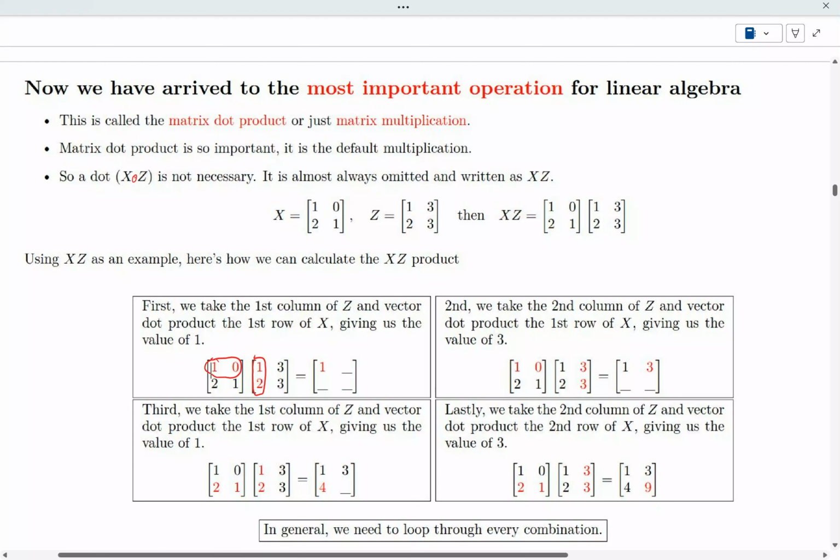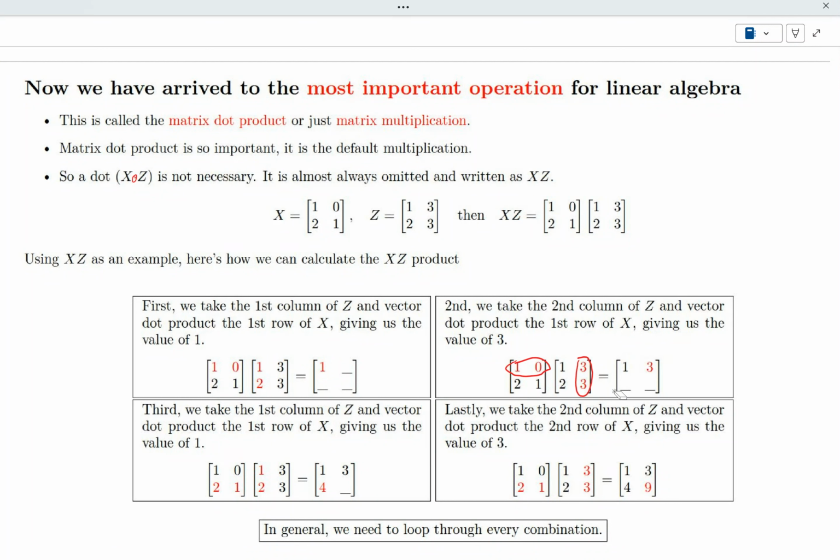When you perform a dot product, it gives you a 1. And then you still keep the same 1, but you move on to the second column. So now you take this one and then this one, and you perform the dot product, which gives us this value.